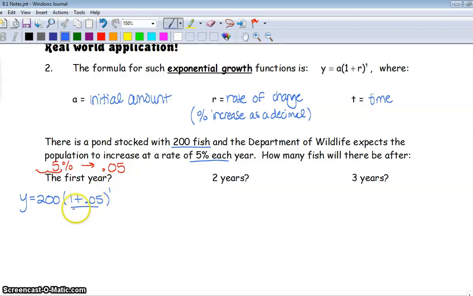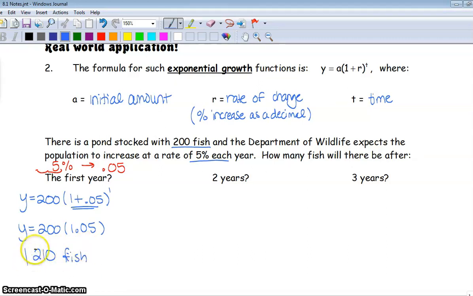When you look inside, 1 plus 0.05, those are like terms, so I'm going to simplify that down to 200 times 1.05 raised to the first power. I don't expect you to know how to do this in your head, so in your calculator you plug in 200 times 1.05, and you get that there's going to be 210 fish.